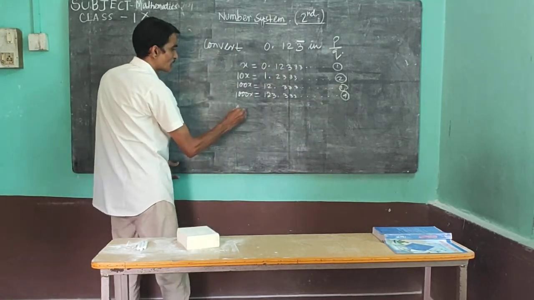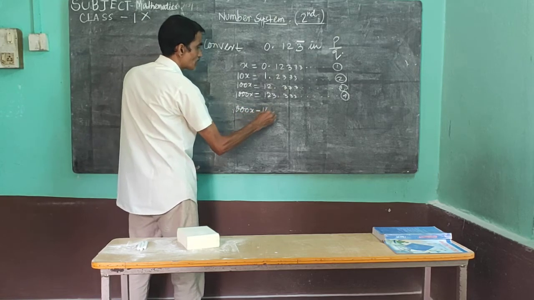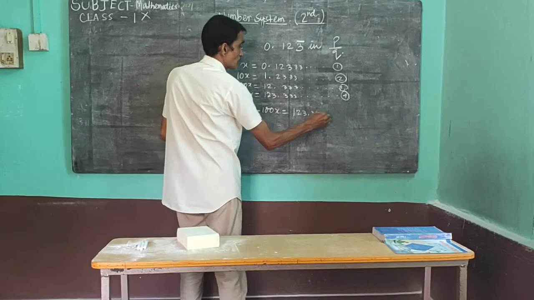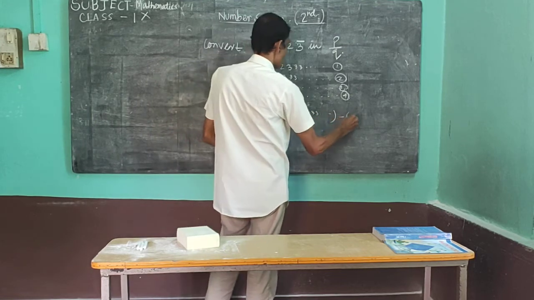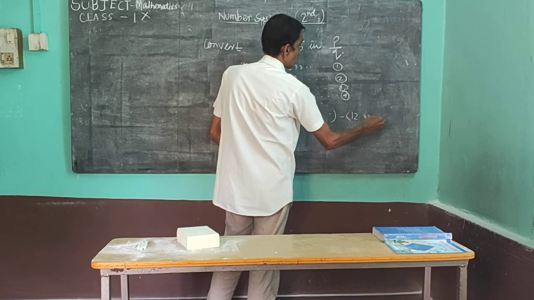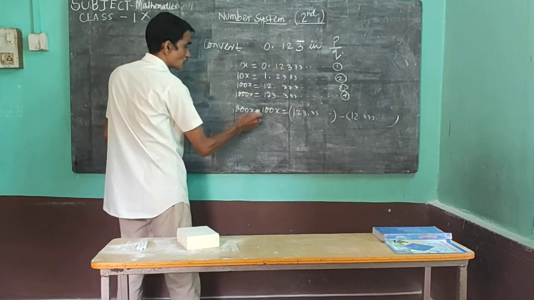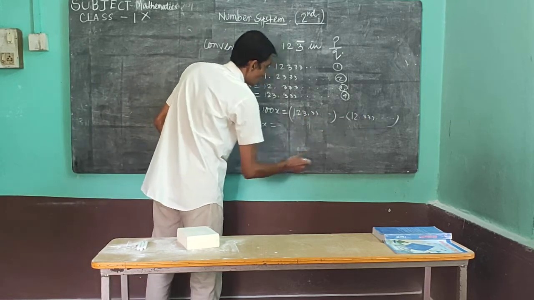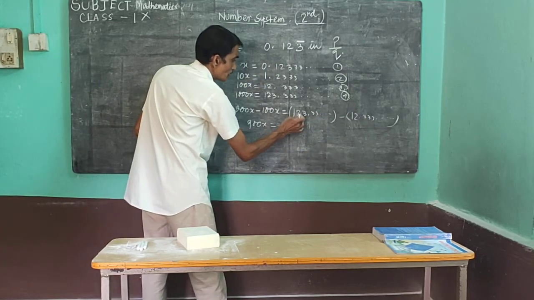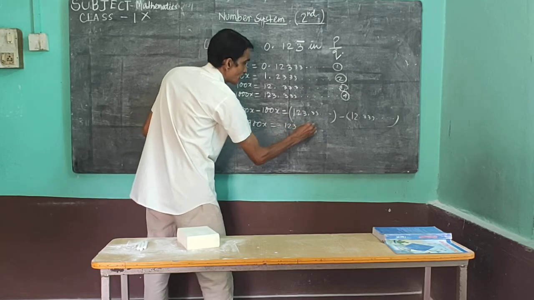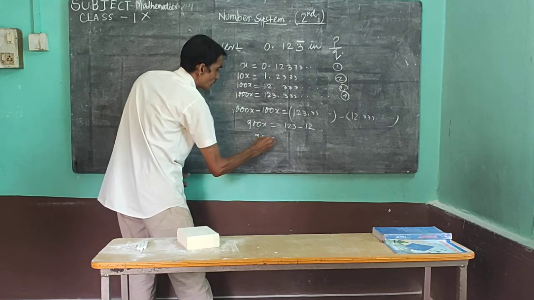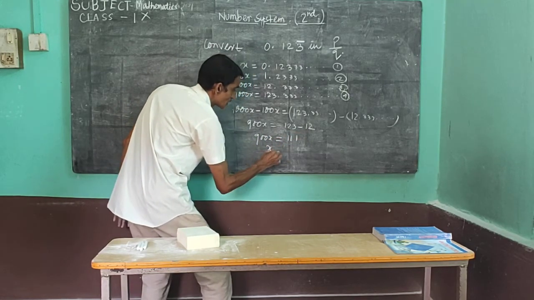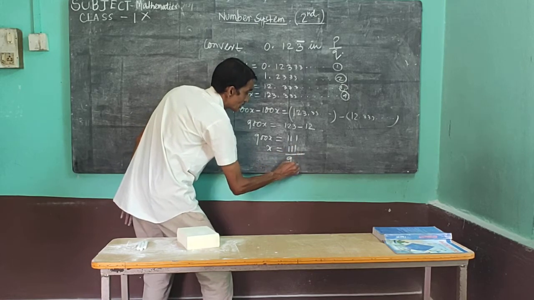That means 1000x minus 100x equals 123.333... minus 12.333... So 900x equals, since the decimals cancel, 123 minus 12, which is 111. So 900x equals 111, then x equals 111 by 900.